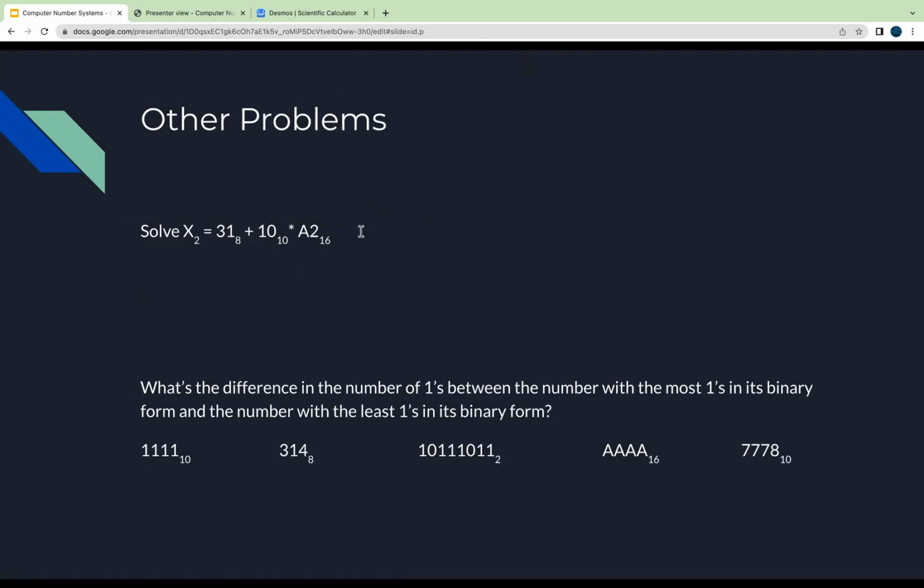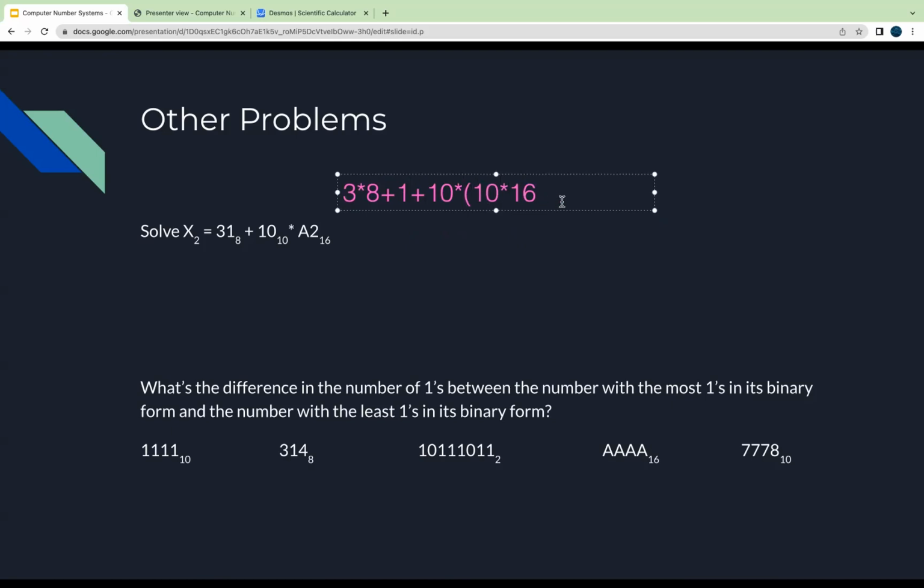So remember, converting these to decimal, we have 3 times 8 to the power of 1 plus 1 times 8 to the power of 0. To save a little space, I'm going to start just writing this as 8 and simply 1, as I said, to save space. And this is 10 times 16.